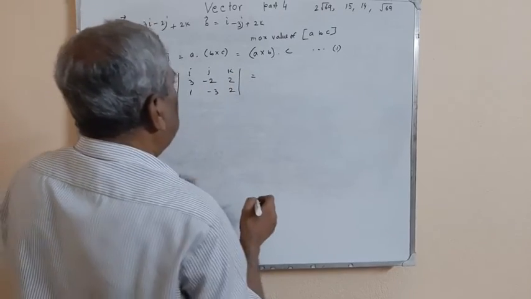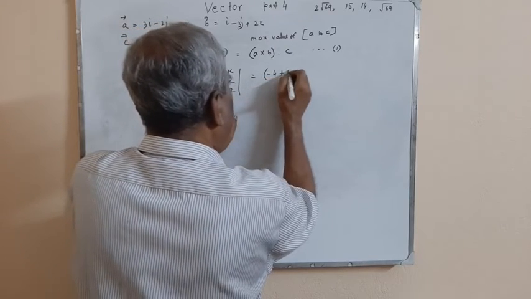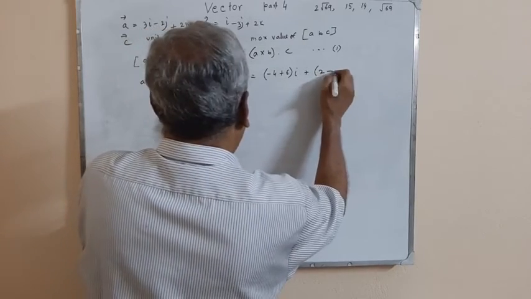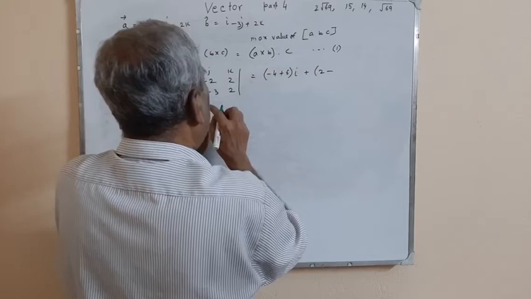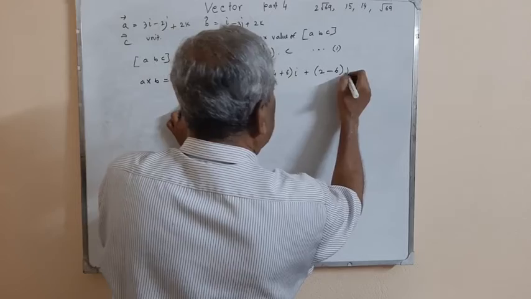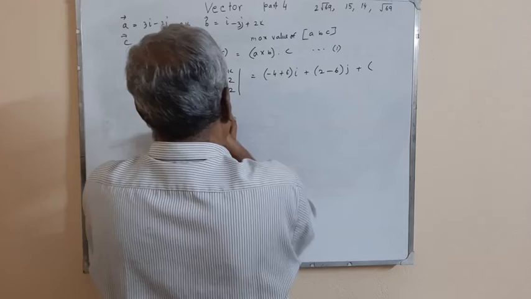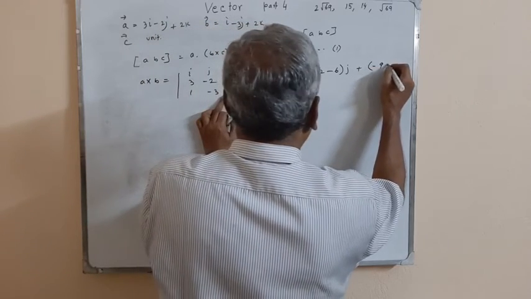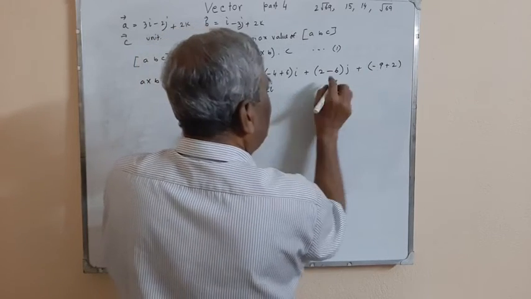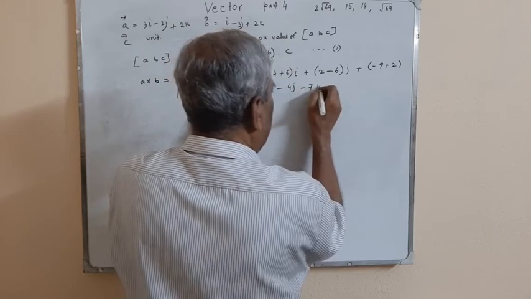So it is equal to i into minus 4 plus 6, minus j into 6 minus 2, plus k into minus 9 plus 2, so it is equal to 2i minus 4j minus 7k.